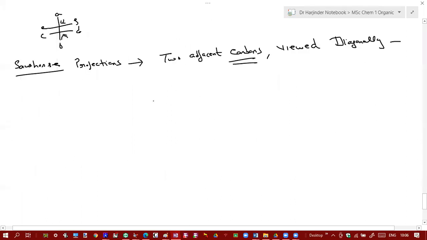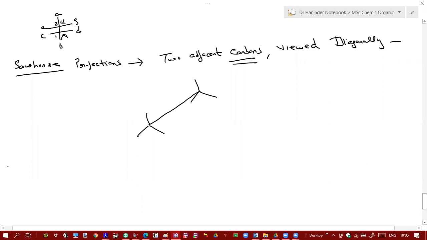So if these two are the atoms, we view them diagonally like this. Suppose this is 1 and this is 2, and then the remaining groups are written over them. So this is your Sawhorse projection.